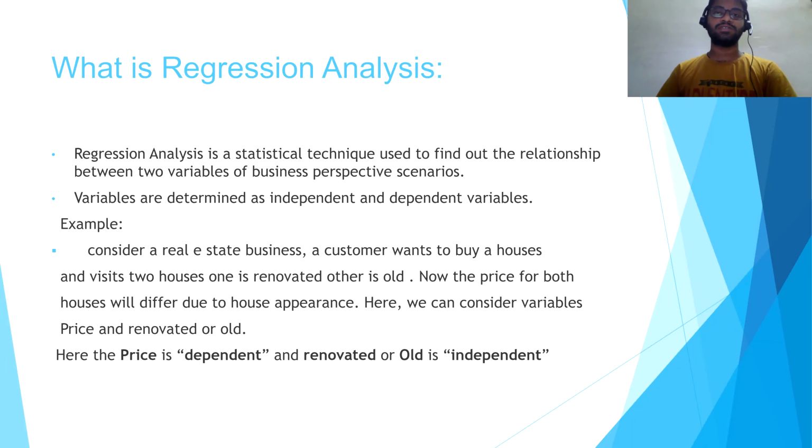If the house appearance is better, then the price obviously increases. So this is actually a relationship between the price and renovated or old. This is how regression analysis is used. The main reason we use regression analysis is to identify the relationship between the variables or the data that we are given.